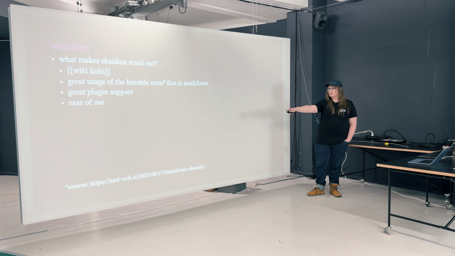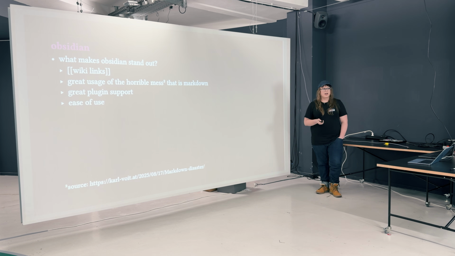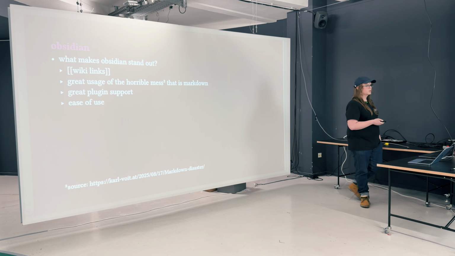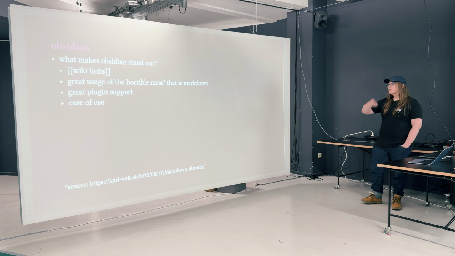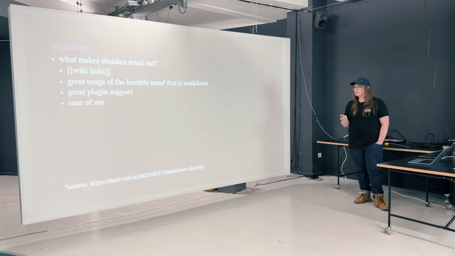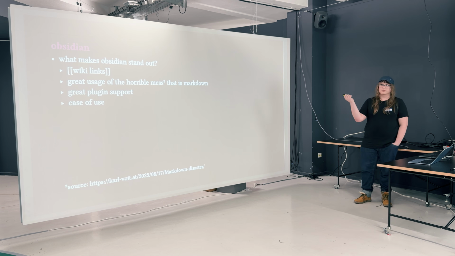The wonderful blog by Carl Voigt has some really nice talking about Markdown and how it should be avoided if at all possible. There's just a slight problem that the internet is running on Markdown, right? And then we also have the great plugin support and obviously the ease of use. That goes without saying.